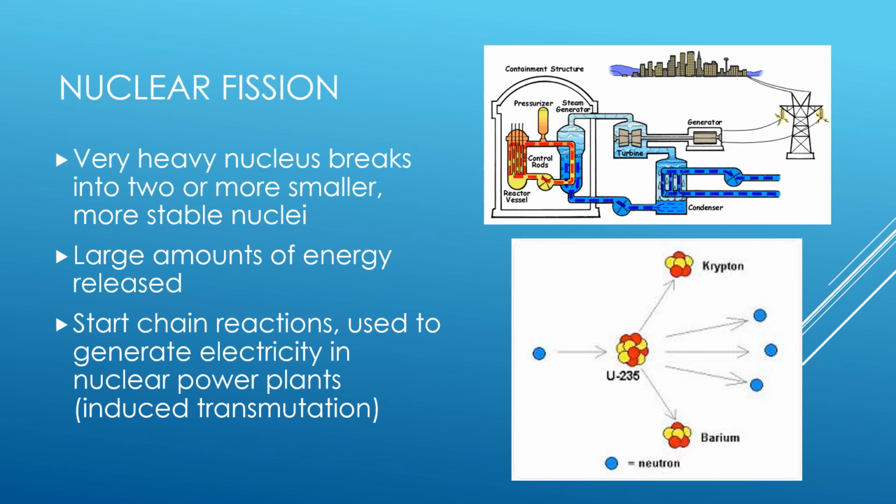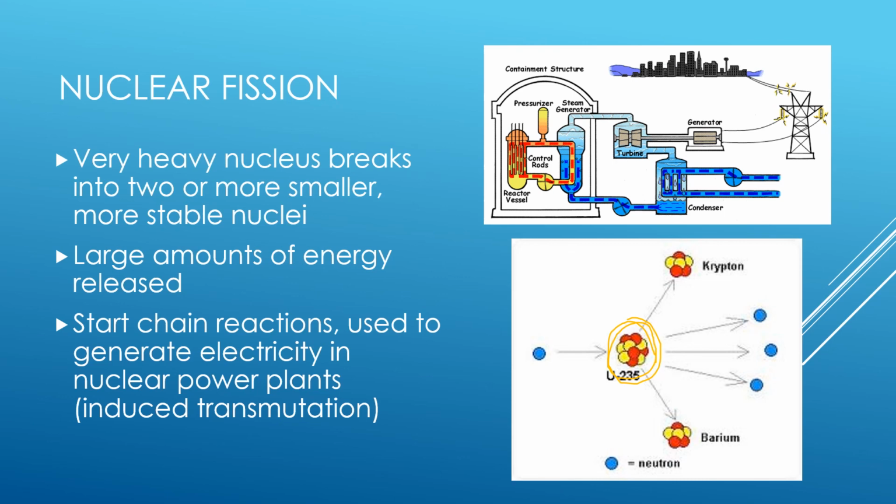And you can see the picture here. So the first thing you're writing down for nuclear fission, and you either have a note sheet that you created, a sheet of notebook paper, anywhere you see some extra space, you've made a T-chart, you have fission on the left and fusion on the right. The first thing you write down about fission is a heavy nucleus breaks into 2 or more smaller, more stable nuclei.